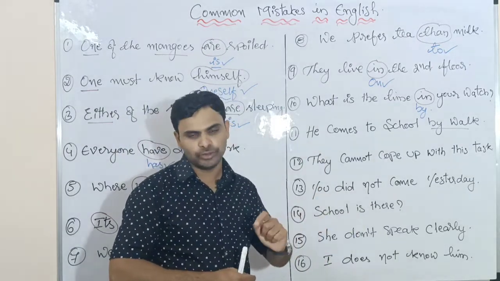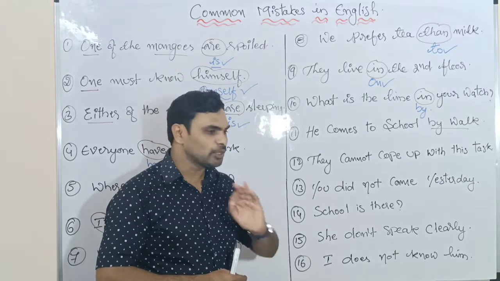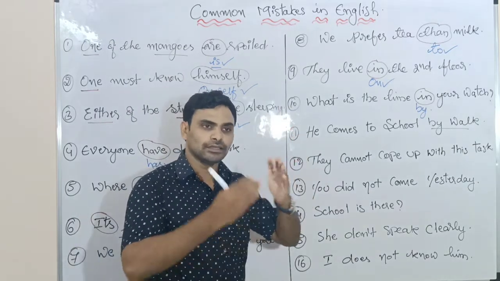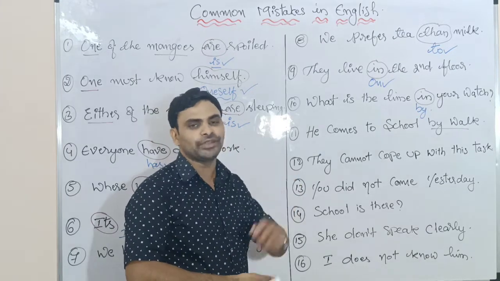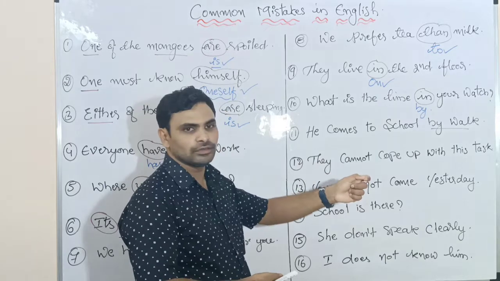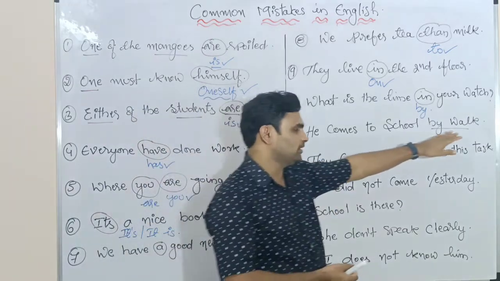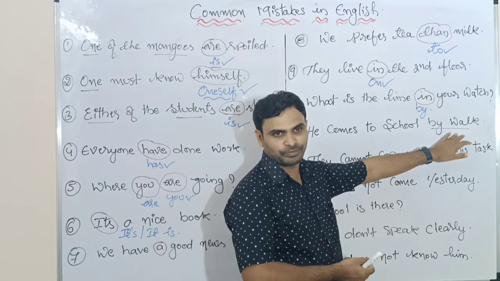I came by the scooty. I came by the car. I came by cycle. Because they are the means of transportation, the mode of transportation. But here, walk is not any vehicle like scooty, like car, like cycle.